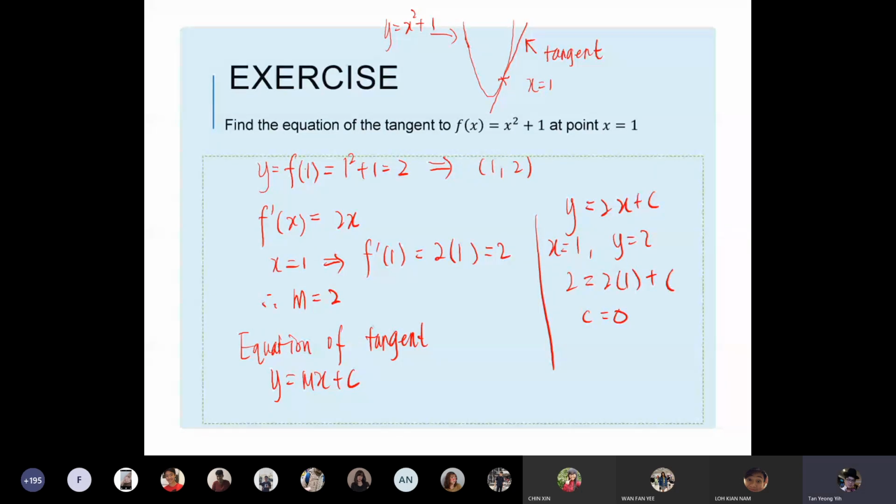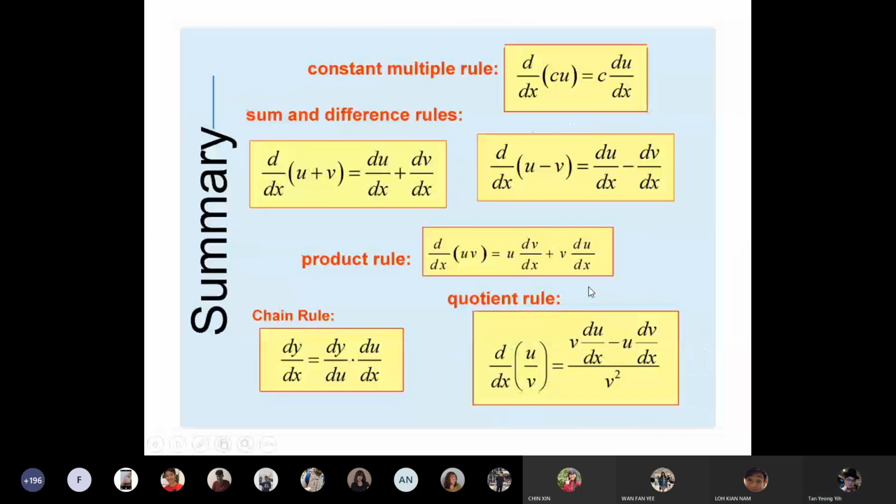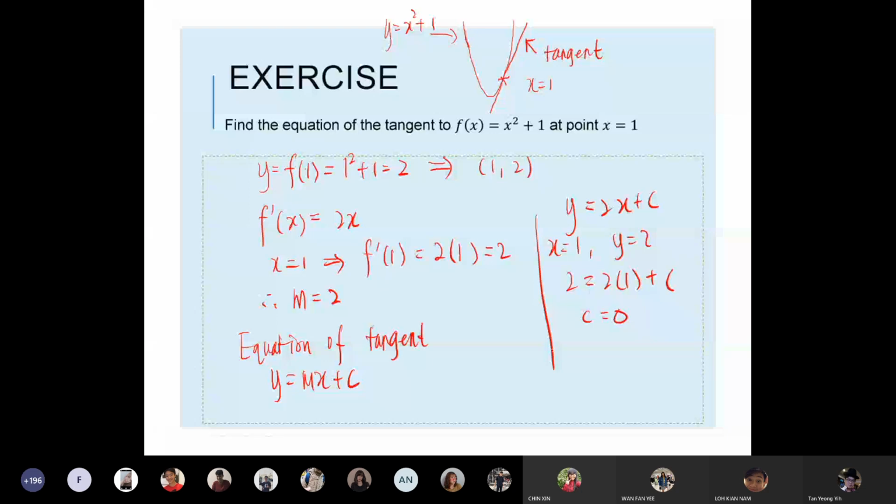Okay, and then we have the equation of tangent. Sorry. The equation of tangent will be y equals 2x only.